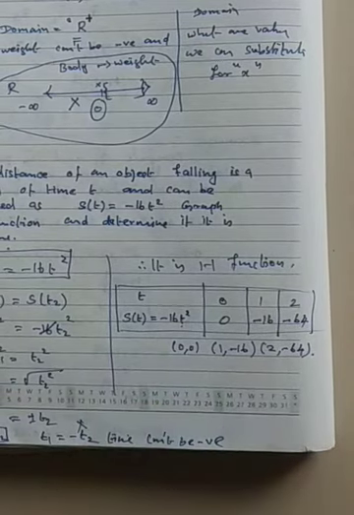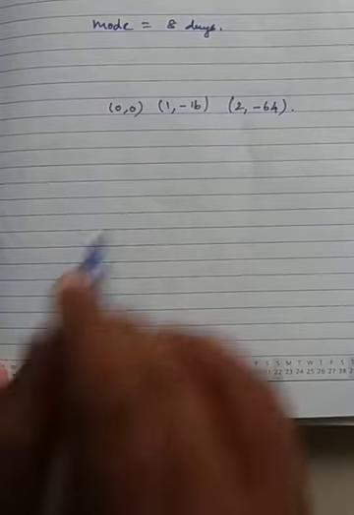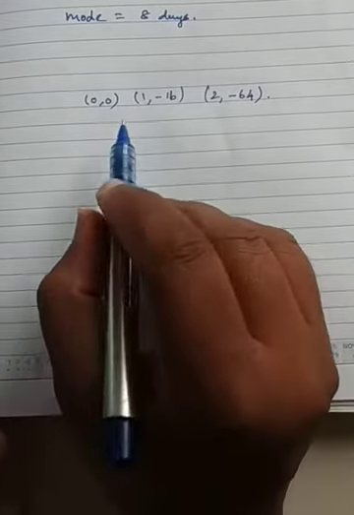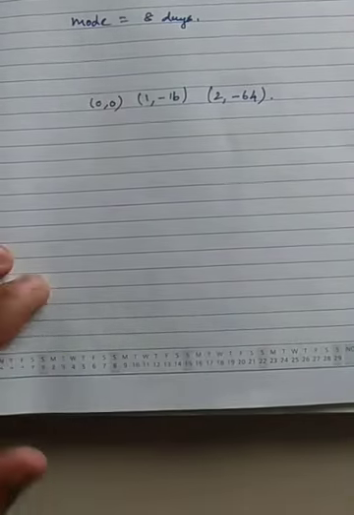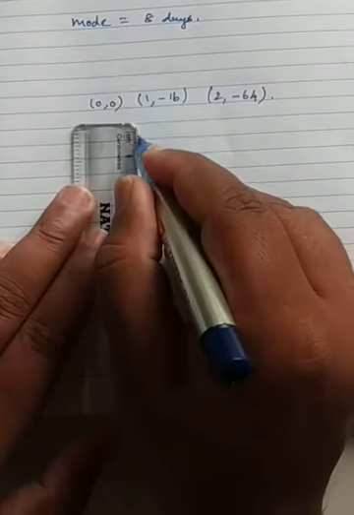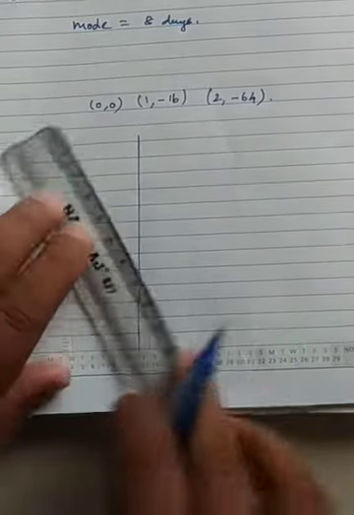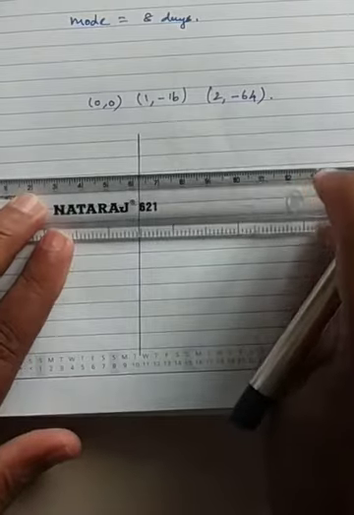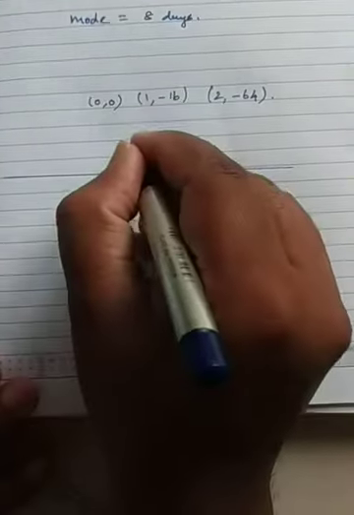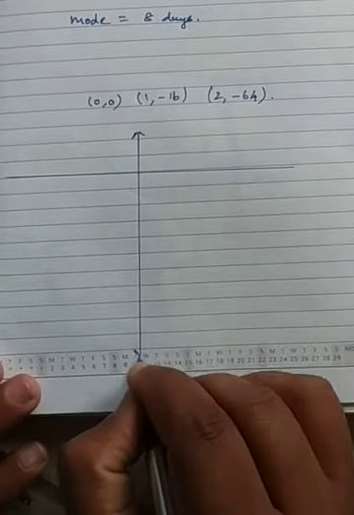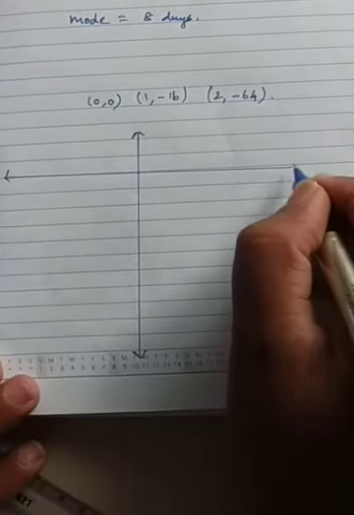Just a minute, I will plot. Now you can see I have written the points here. I have to draw the graph, so let me draw the axes like this. This is the y axis, y dash, and this is the x axis, x dash.